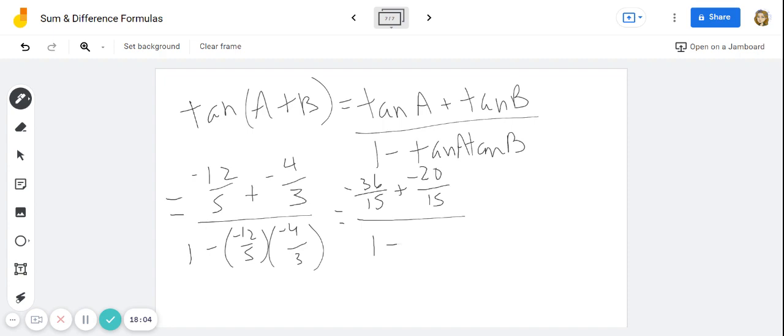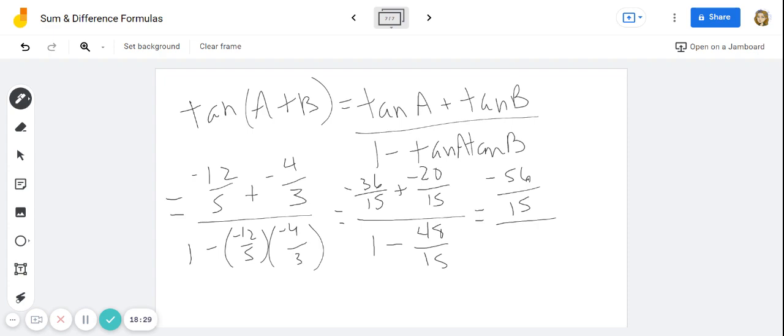On the bottom, we have 1 minus, and then 4 times 12, those would become positive because it's negative times a negative, is 48. On the bottom, 5 times 3 is 15. All right, so now negative 36 plus negative 20 is negative 56 over 15. On the bottom, we need to get a common denominator.